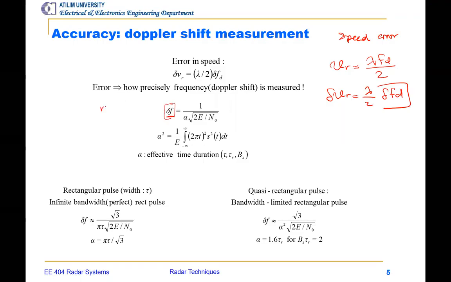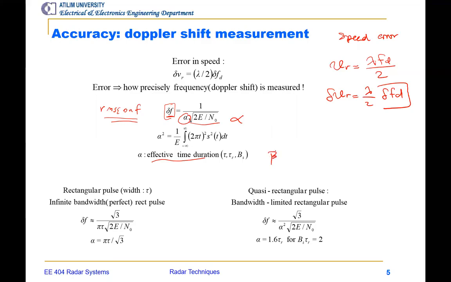So RMS error on frequency is given in the same form, except that instead of beta here we got alpha. Alpha is the effective time duration. In the range we use effective bandwidth beta.